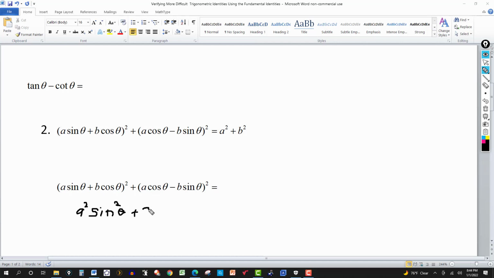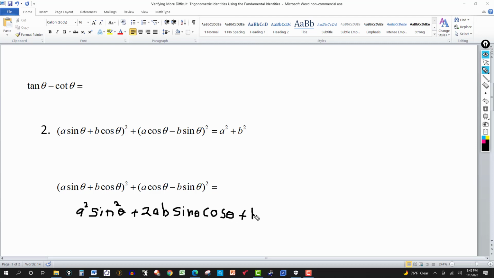So that'll give me 2ab sine theta cosine theta, plus the square of the second term.